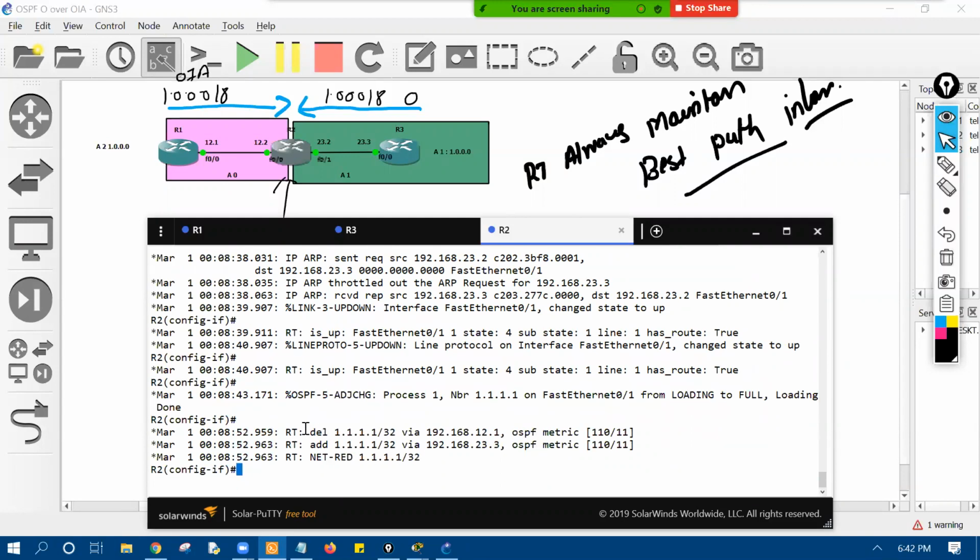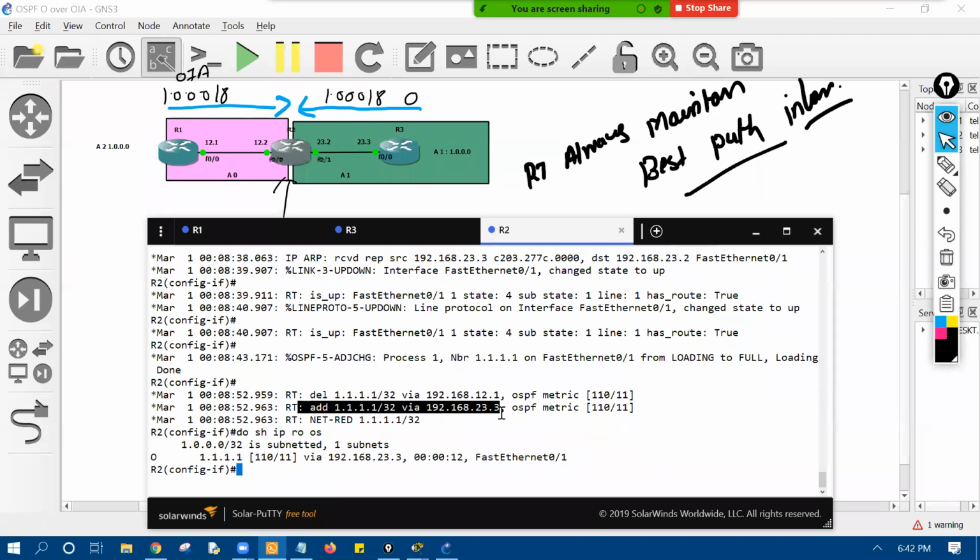Can you see that? Now I'm deleting this route from R1 12.1 and I'm adding this route in the routing table from 23.3. Now do show IP route OSPF. So the O route is more preferred, right? The O route is more preferred than the OI.